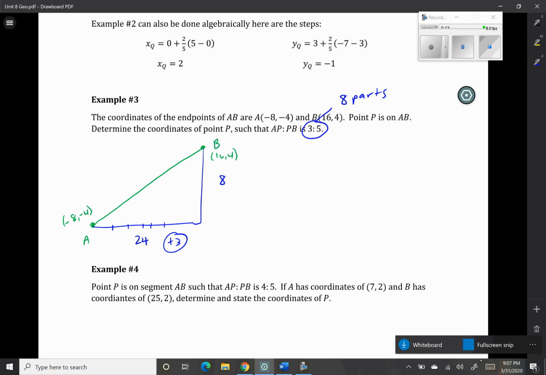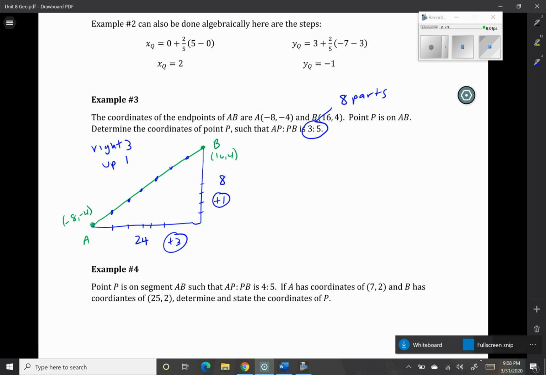If I wanted to separate 8 into 8 equal-sized parts, I'd go up 1, up 1, up 1, up 1. So I'd be adding 1 to each part. Essentially I'm moving right 3, up 1. Each time I go right 3, up 1, I'd be at a new point on this line. If I do that enough times, I would break this up into 8 equal-sized parts.